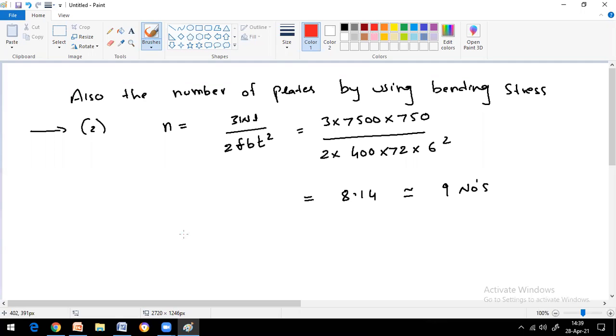Let me draw this. At the center you will have this, and all these plates will be connected like this.